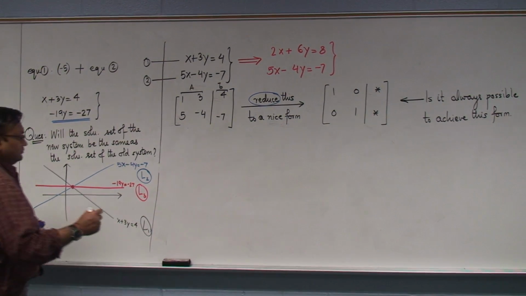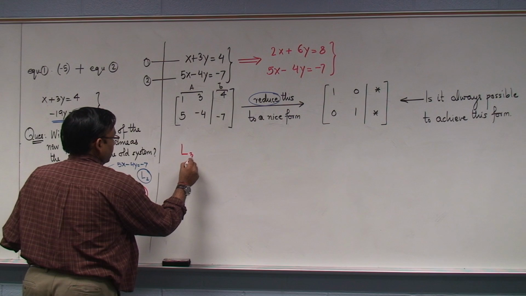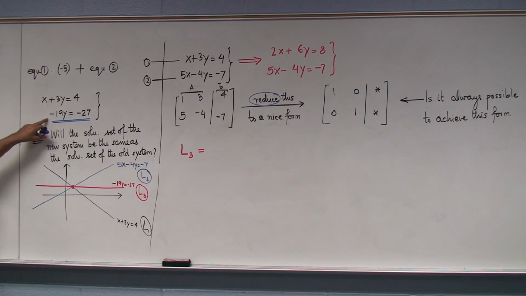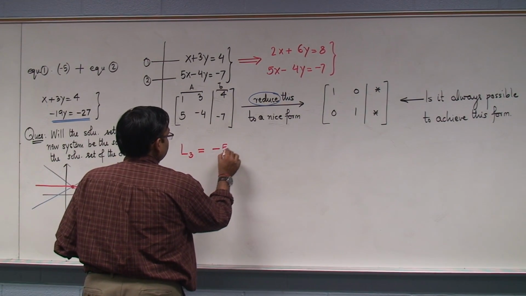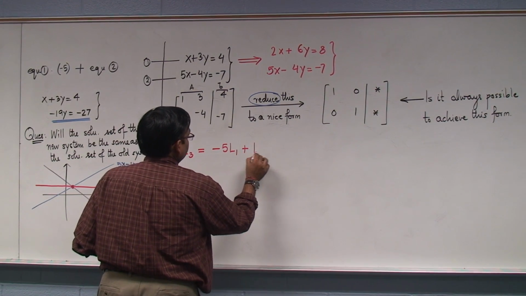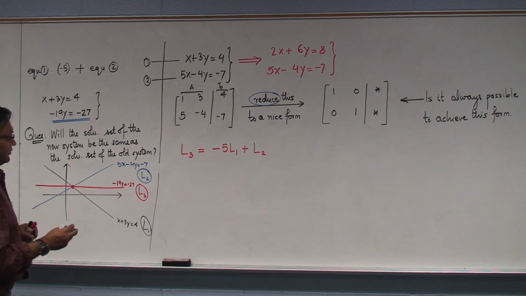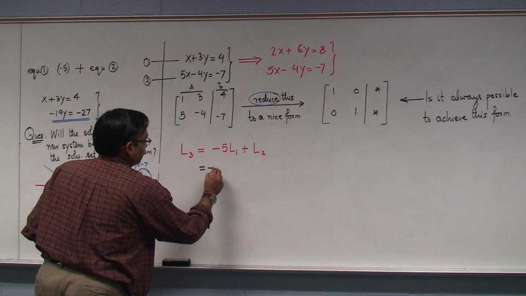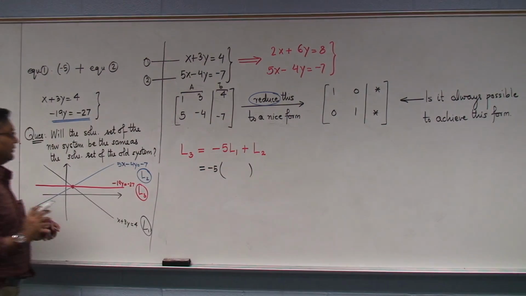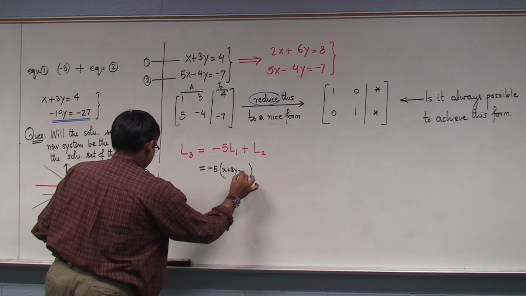Imagine your line L3. The way we have obtained line L3 is using line L1 and line L2. So what we did was we set minus 5 times line L1 plus line L2 to produce the line L3. Now what if we try to write this in a different format? Can we say minus 5 times L1? So for L1, let us consider the expression x plus 3y minus 4.